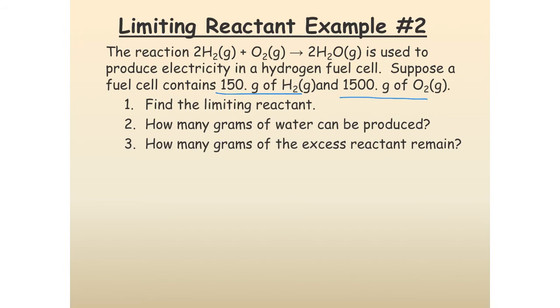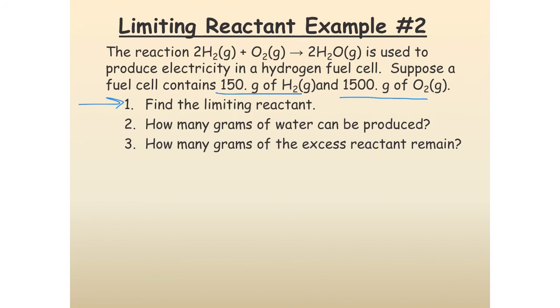Now, sometimes they will prompt us to find the limiting reactant. Sometimes they might just jump to part 2 or part 3, but since you were given the amounts of both reactants, that should kind of clue you in that you need to find the limiting reactant before you can really solve the problem. So our reaction is already written for us.